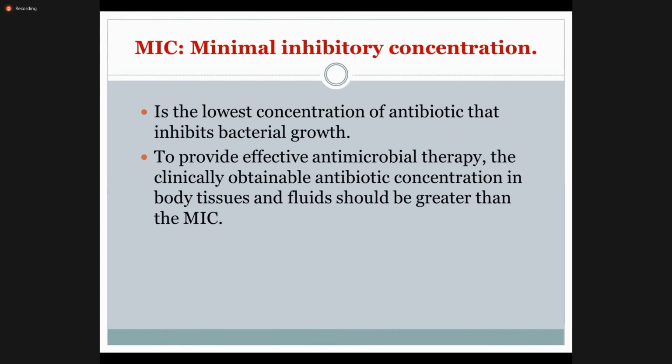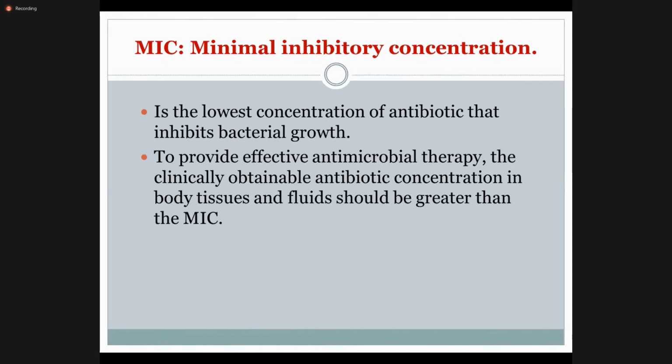Minimal inhibitory concentration, already we have discussed, is the lowest concentration of antibiotic that inhibits bacterial growth. So, to provide effective antimicrobial therapy, the clinically obtainable antibiotic concentration in body tissues and fluids should be greater than the minimal inhibitory concentration.